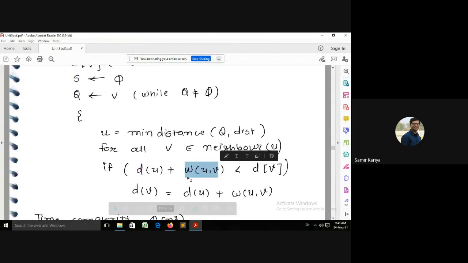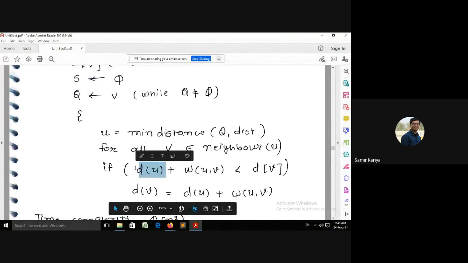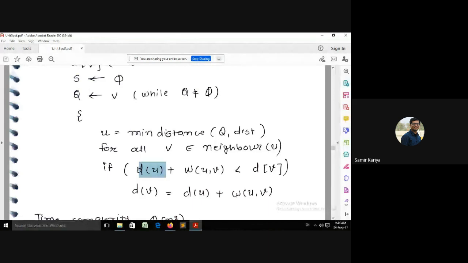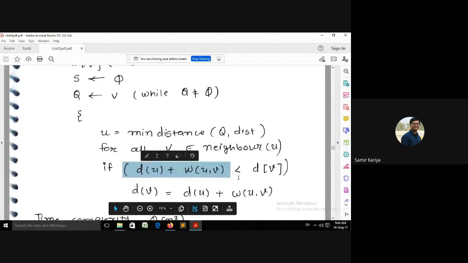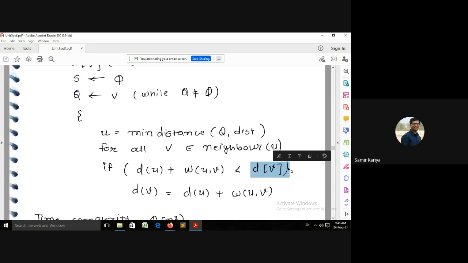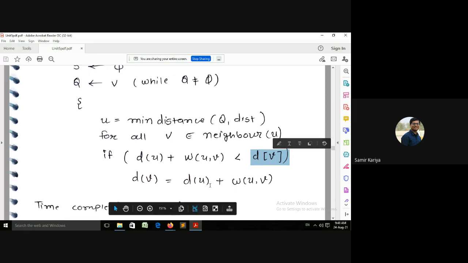For example, I am right now at some node u. That's the distance from the source to u. Then we find the weight or cost from u to v. So that's the summation of these two. If it is less than the current distance from the source, then we update. Otherwise not. This is the simple process.